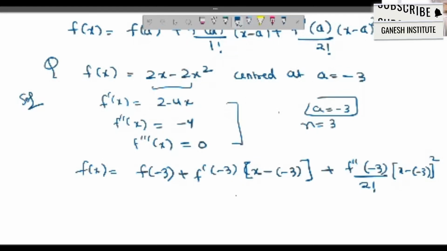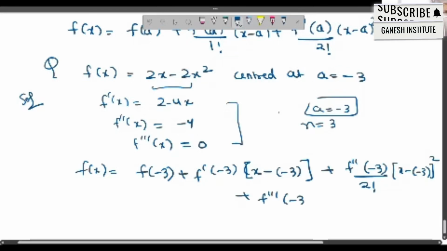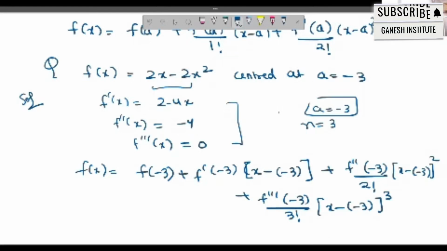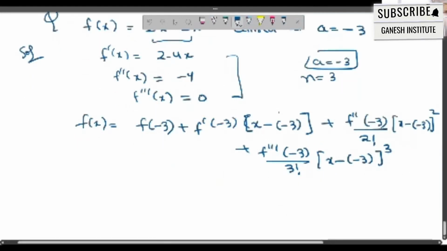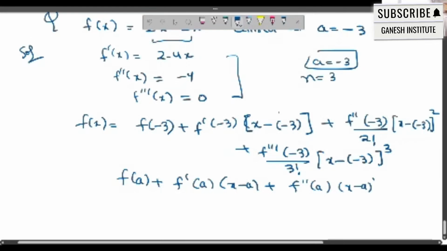And then the triple dash at minus 3. Did you get it? I get what we are doing here. Since we have assumed that x equals a, we're substituting the values of a.